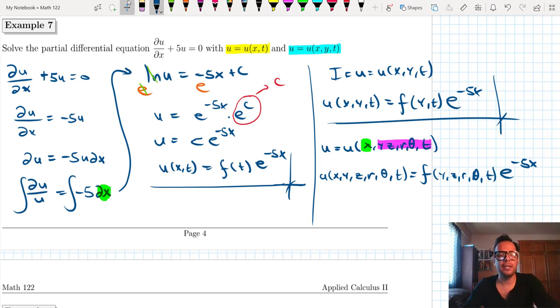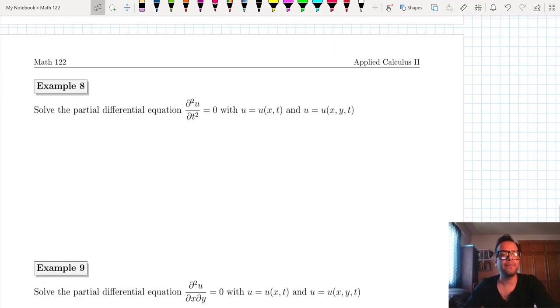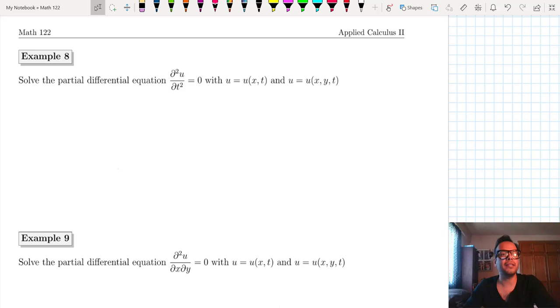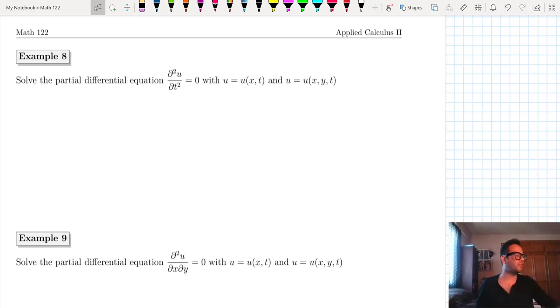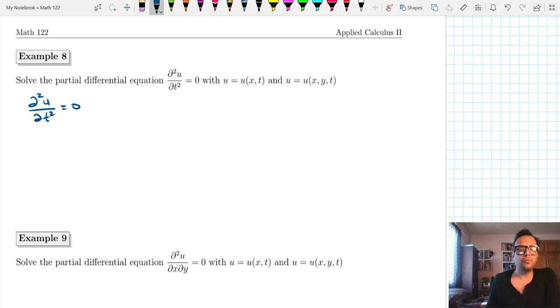Okay, so let's look at another example. Let's look at second order partial differential equations. Here we need to play with the notation, so I'm going to write the second partial with respect to t.